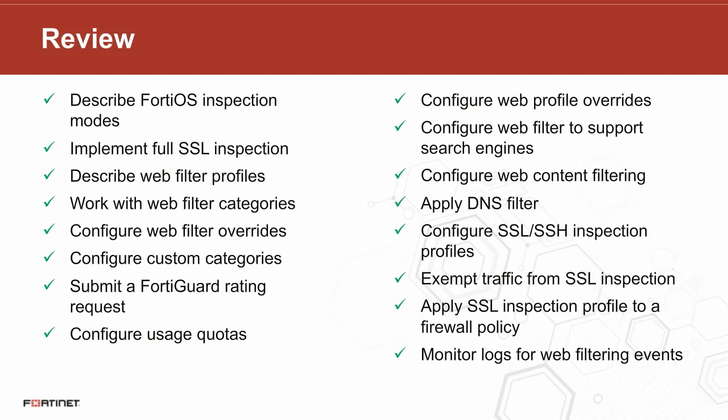Configure web filter to support search engines. Configure web content filtering. Apply DNS filter. Configure SSL/SSH inspection profiles. Exempt traffic from SSL inspection. Apply SSL inspection profile to a firewall policy. Monitor logs for web filtering events.